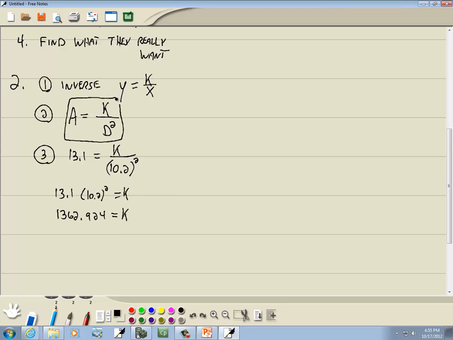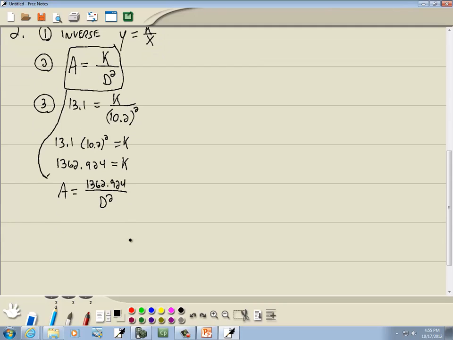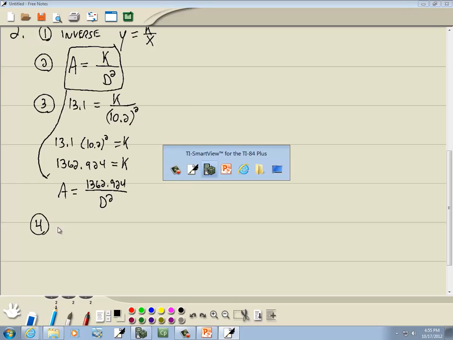We now want to plug that into our formula, so I'm going to take this right here, and where the K was, I'll put in 1362.924. Now, step 4 says find what they really want. Let's go back and read the problem.